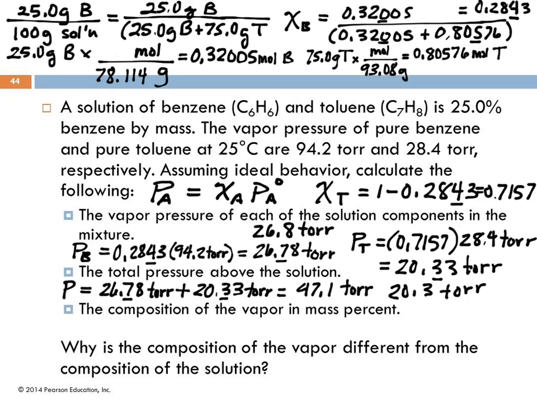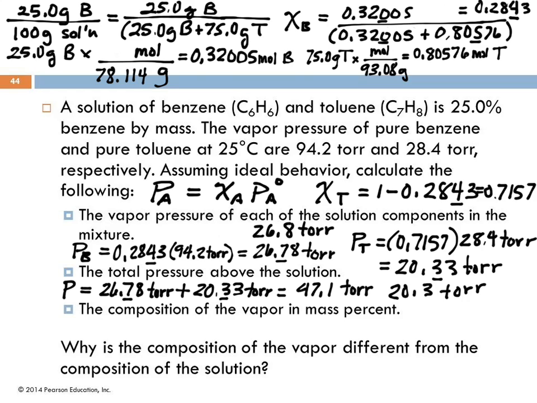The composition of the vapor in mass percent. Is it going to be the same as the solution? Well, the question down there suggests that it's not, right? It says, why is the composition of the vapor different from the composition of the solution?